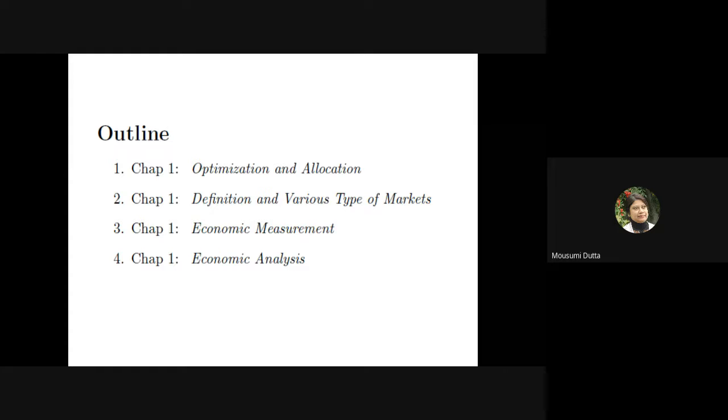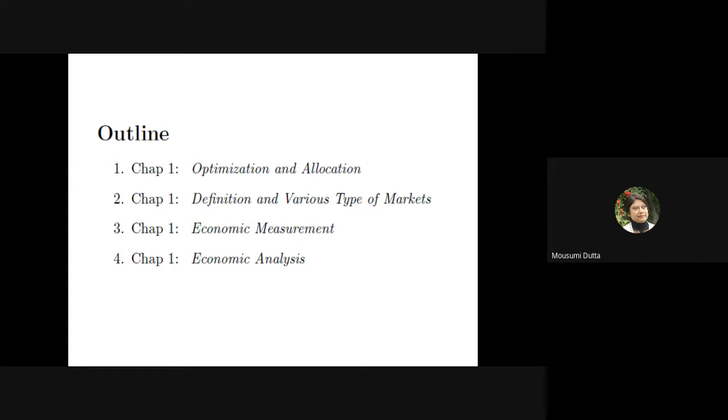Okay, now coming to focus on microeconomics, first we should begin with, when we are considering an individual, what we will do with that individual unit.